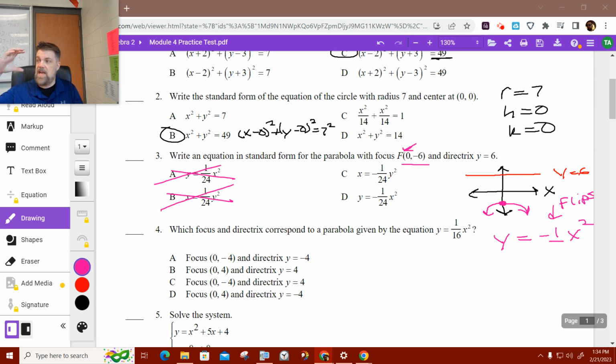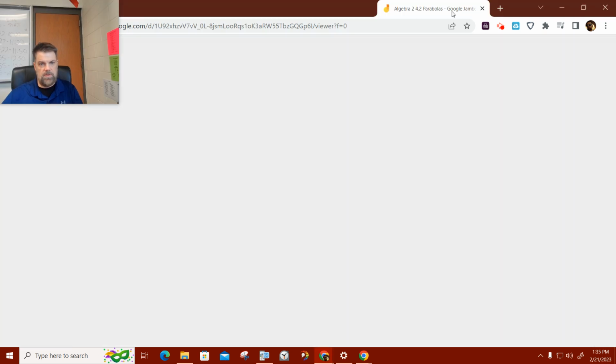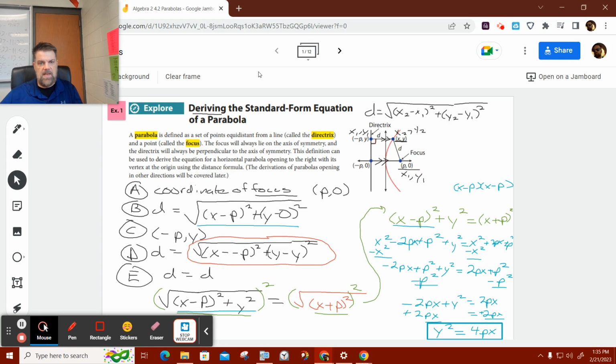It might be a sideways parabola instead of an up and down. So I want to show you where this is in your notes, and then you can add the notes to your notes. So remember this table here, right?